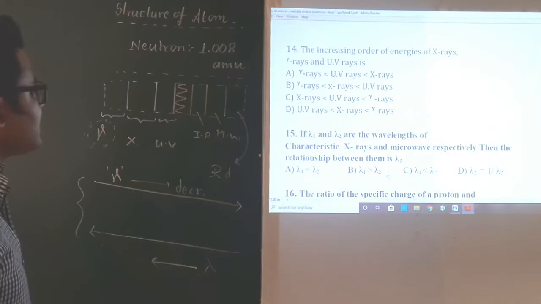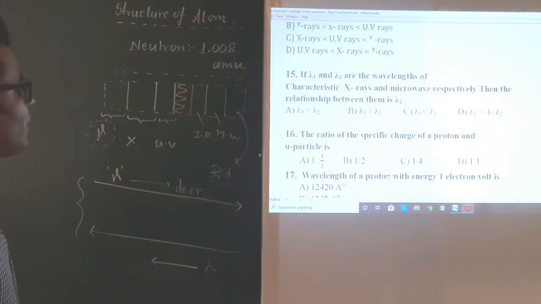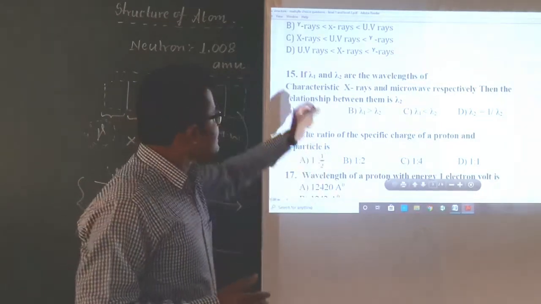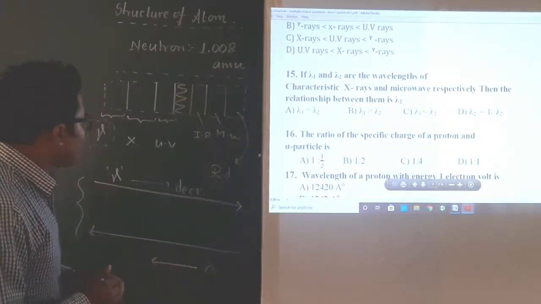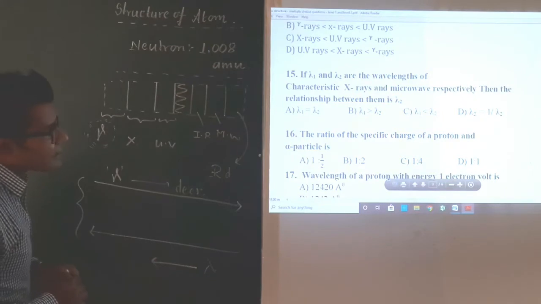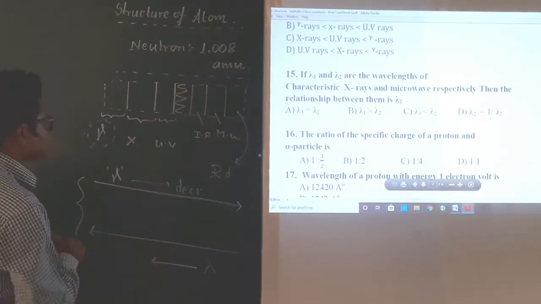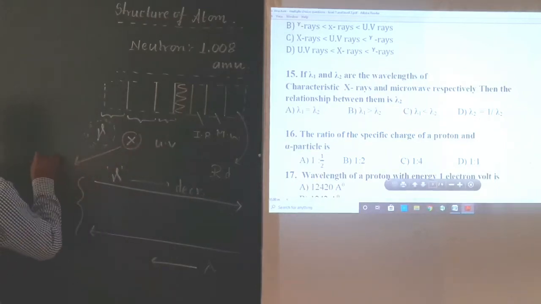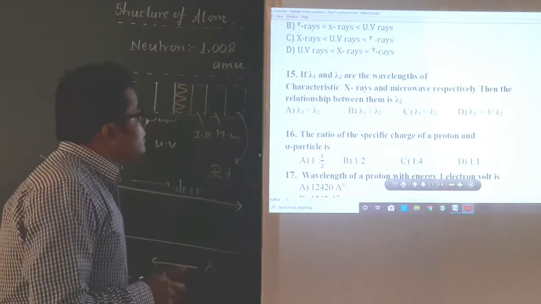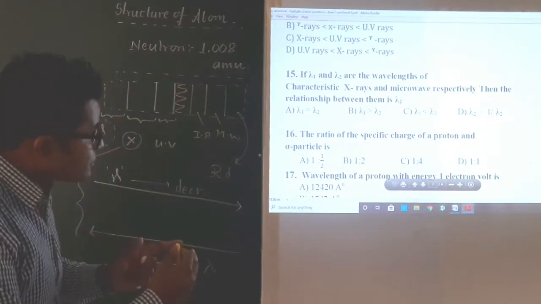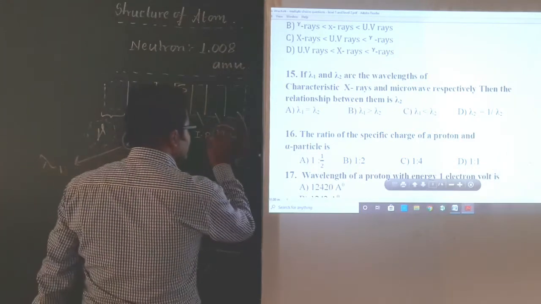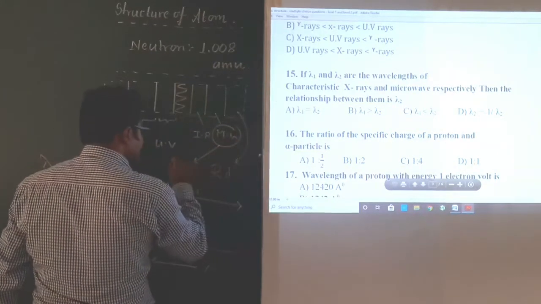Coming forward with the next one. Question number 15 says: if lambda 1 is the wavelength for X-rays, and lambda 2 is the wavelength for microwave. So microwave is over here, this is lambda 2.